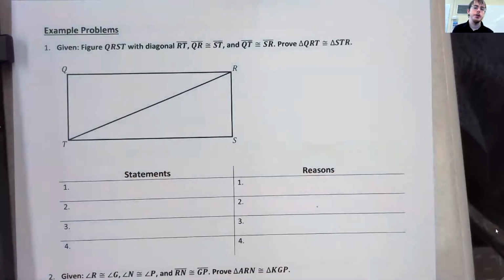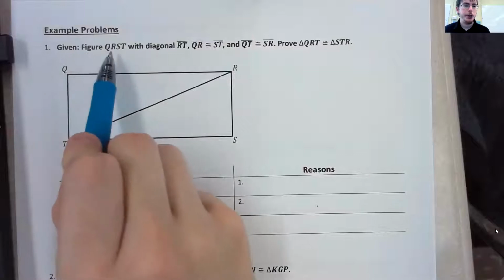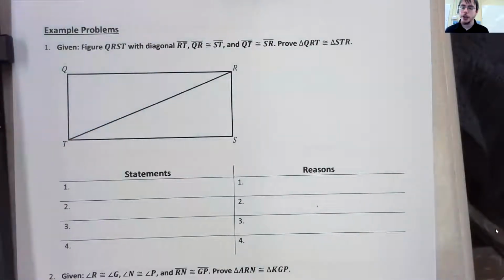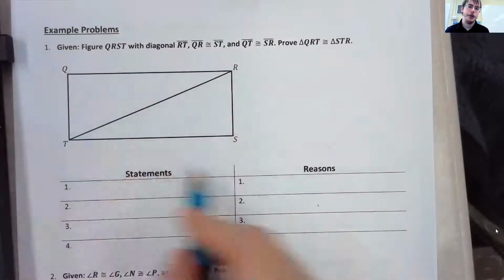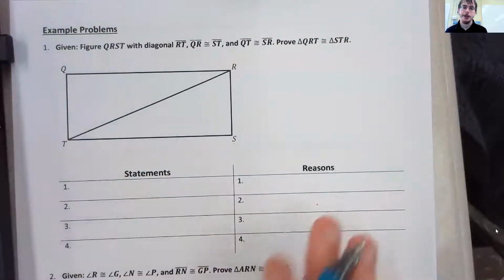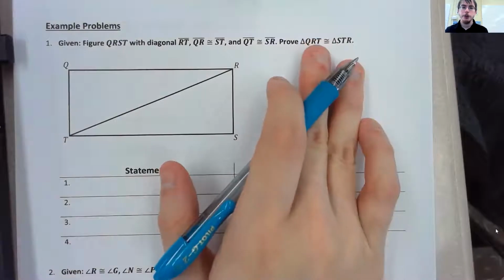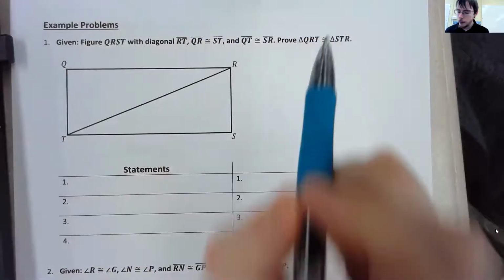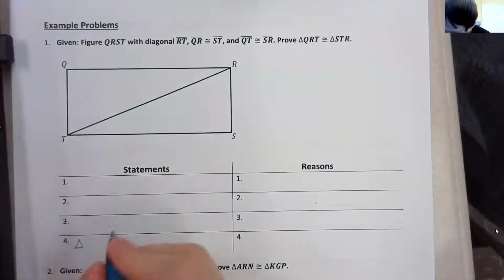So what you need to do is figure out what parts are relevant for your situation. Now here, it just gives us that figure QRST has a diagonal RT. That's not too relevant, it's just describing this figure. So we don't actually have to list that at all. We're trying to prove triangle congruence. This is the statement we're trying to prove, so we're going to go ahead and write this in our statement.